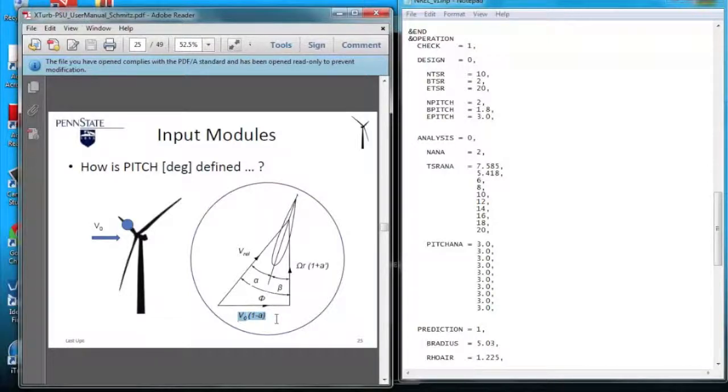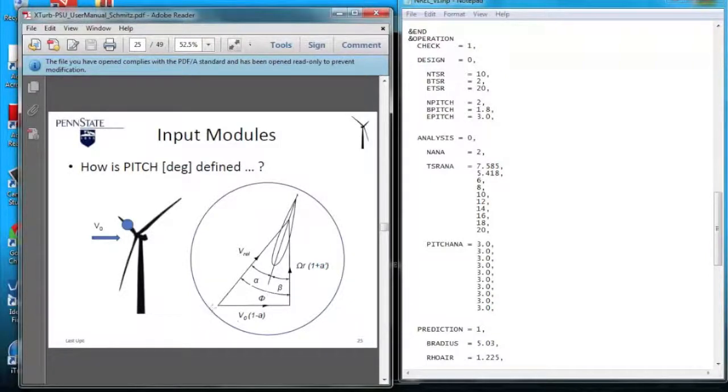So the effective axial wind speed at the rotor disc, at the blade element, is V0 times 1 minus a. Then we have the circumferential component, omega r, 1 plus a prime. It's the plus a prime because we're adding the wake rotation here.